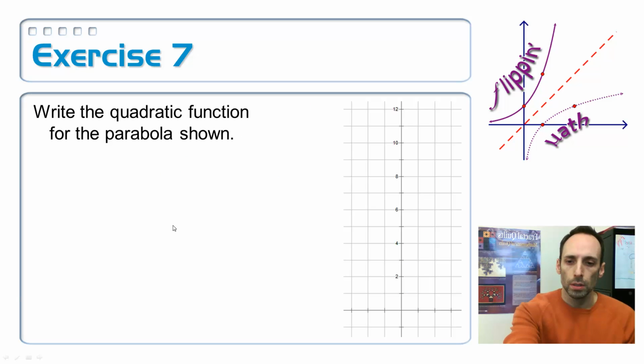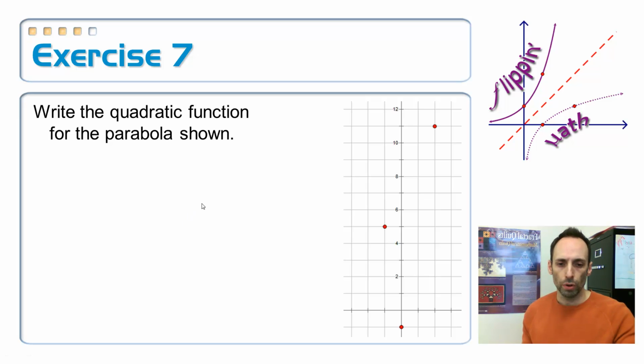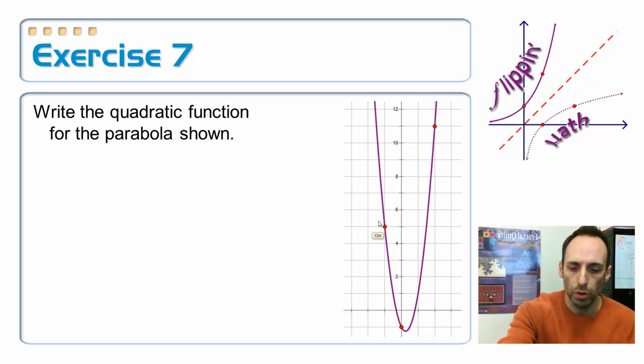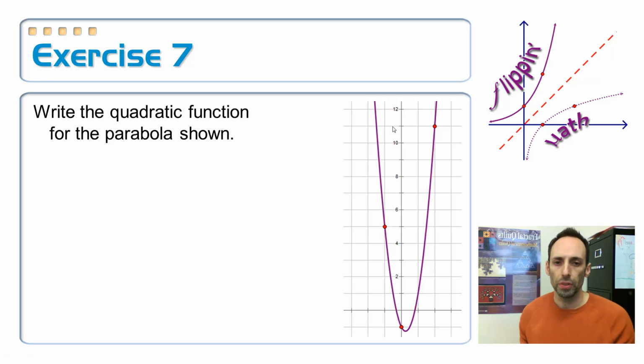Let's see. So need a parabola here. How about this one right here with these 3 random points on it? There's my graph. All right, so let's write these coordinates down so it's easy to just put them into the equation. Oh, and let me mention this.